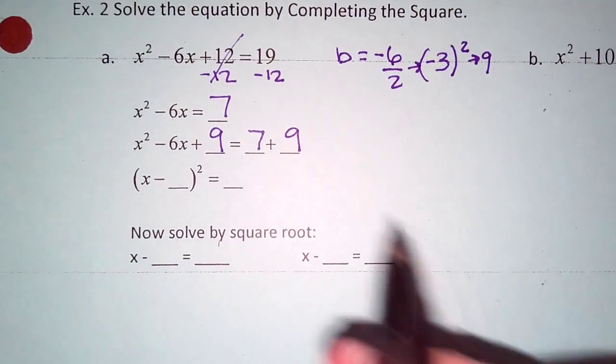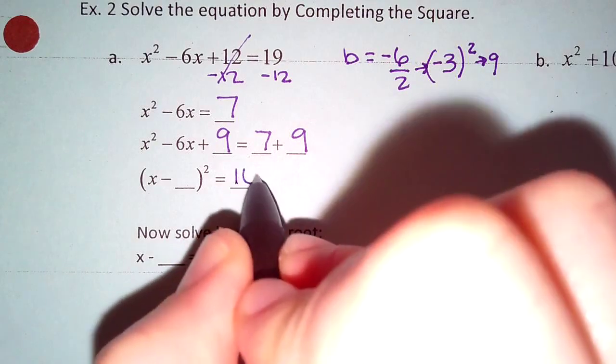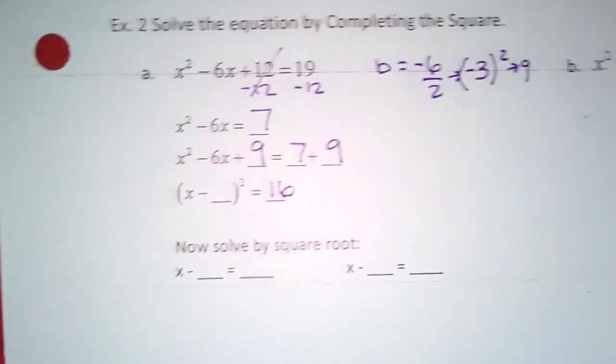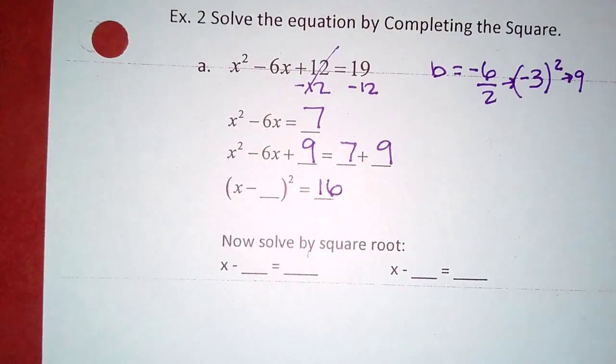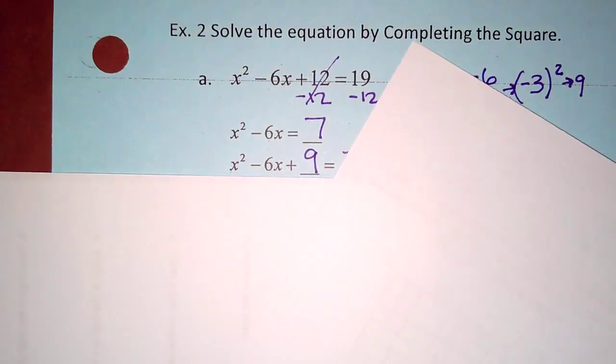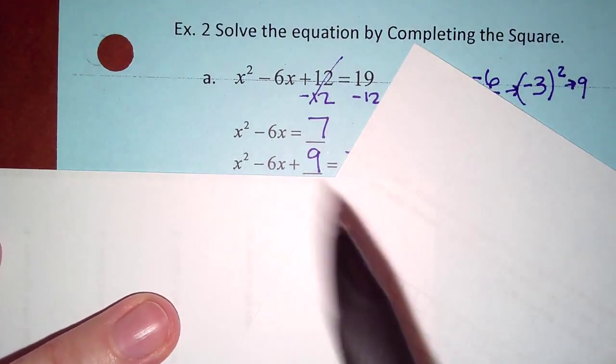All right, so now on the right side, what's 7 plus 9? 16. Okay, on the left side now, I'll show you another shortcut on how to find that. If I cover some of this up, I have this trinomial, x squared minus 6x plus 9.